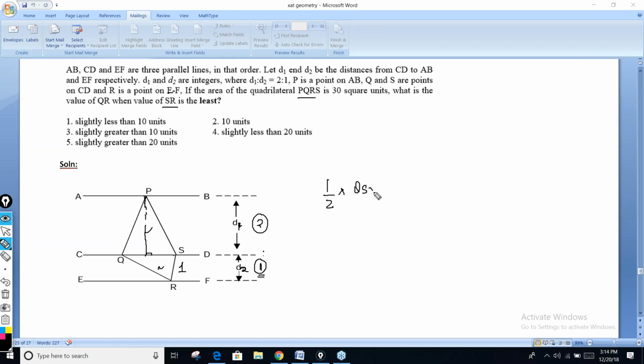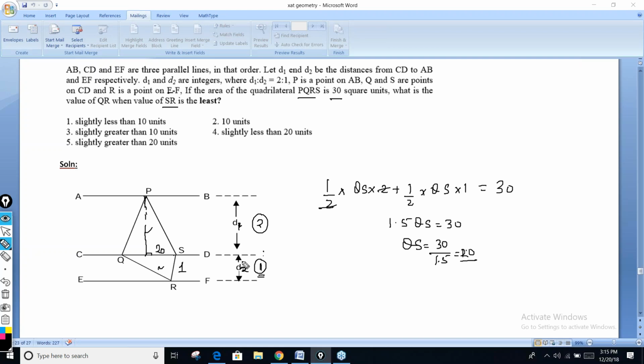Half base into height plus half base into height. That area is given as 30. So what do we get from here? That is half into 1.5 QS is 30. QS comes out to be 30 upon 1.5, which is 20. So QS is 20.